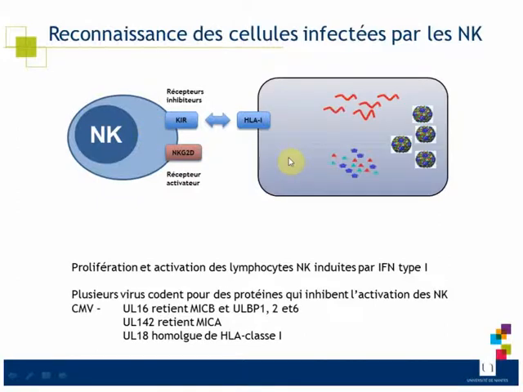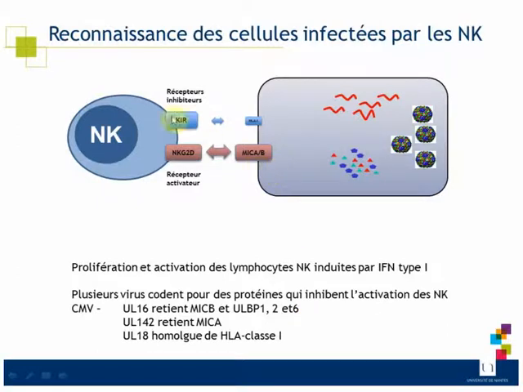What happens during virus infection? This cell starts accumulating viral nucleic acids and virus proteins. One of the things that happens is that HLA class 1 expression on the surface will be reduced, so the inhibitory signal is going to get smaller. Additionally, virus infection leads to the expression of ligands for the activating receptor, like MIC-A and MIC-B, and ULBP 1 to 6.